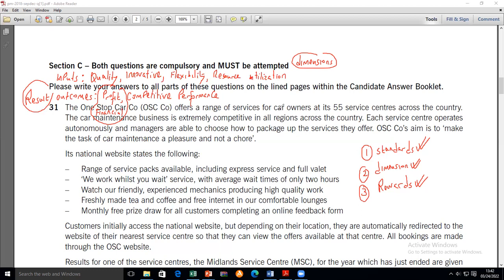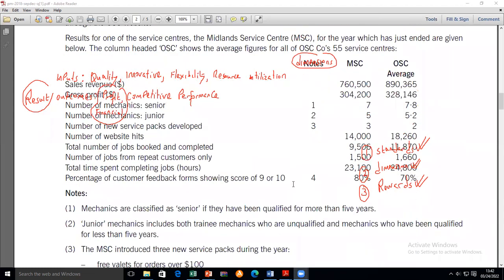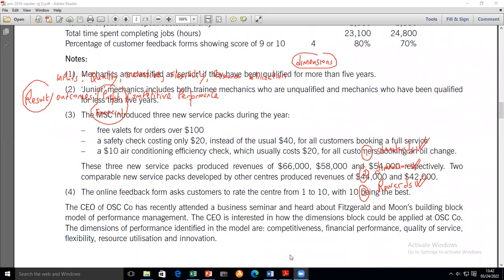Okay. Now, I don't know whether you have gone through the question. These things are mentioned here. Have you seen them? Competitiveness, financial performance, the quality of the service, flexibility, resource utilization, and innovation.